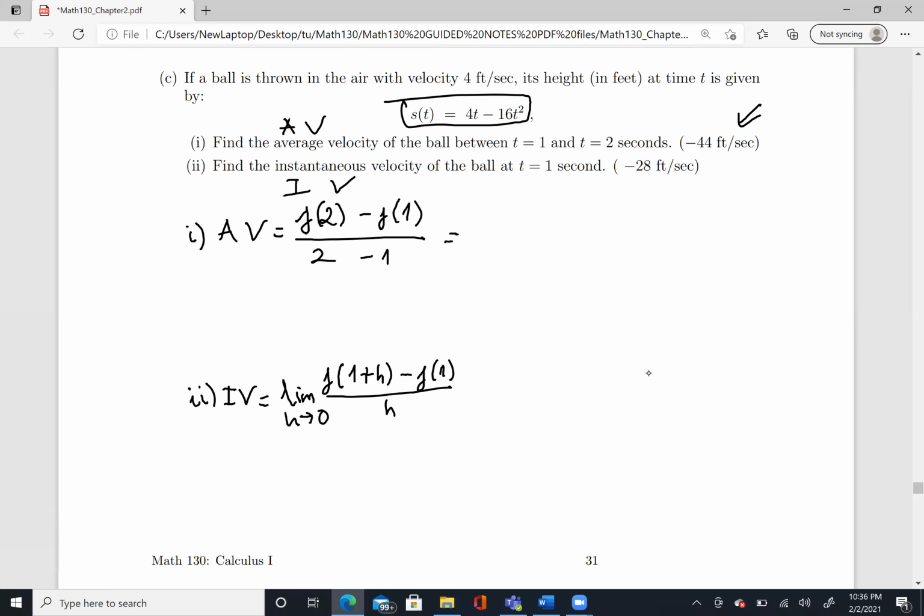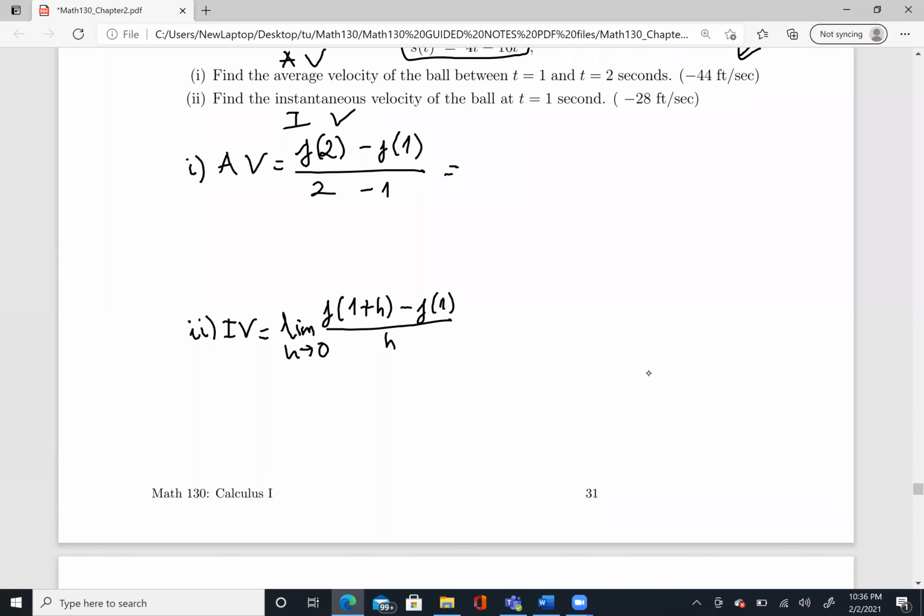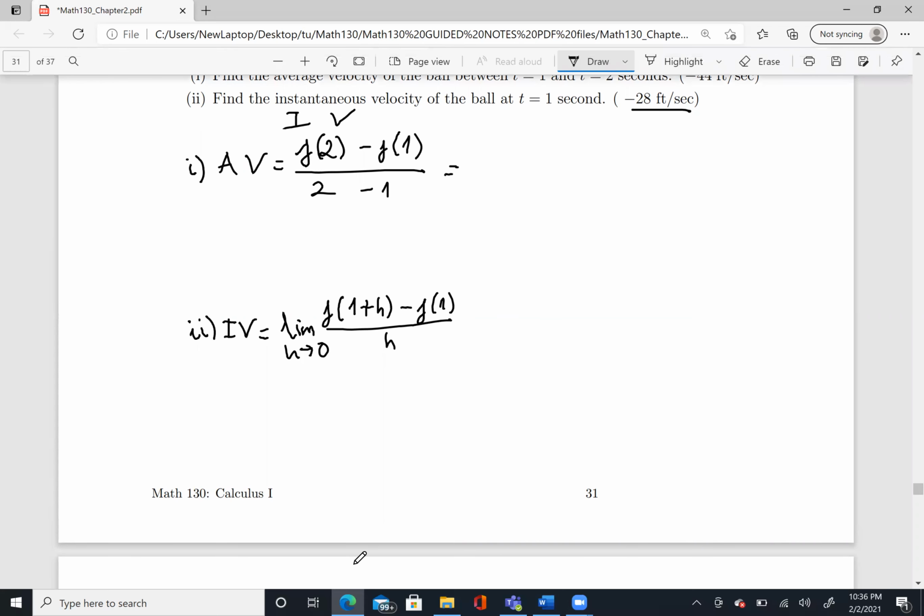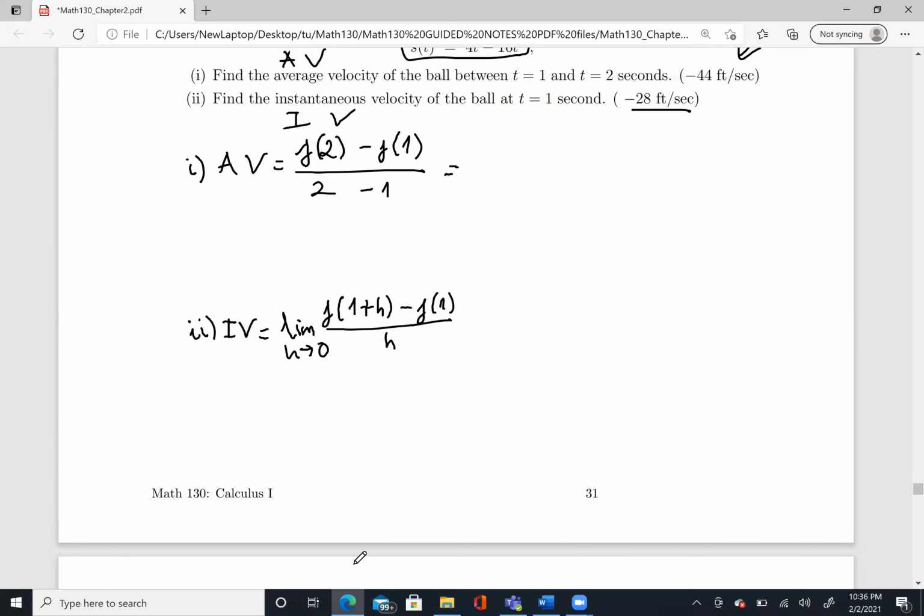Just go ahead and try to do this to get the answer as negative 28 feet per second. Okay, so we're going to stop this section here, and I'm going to see you in the next section. Okay.